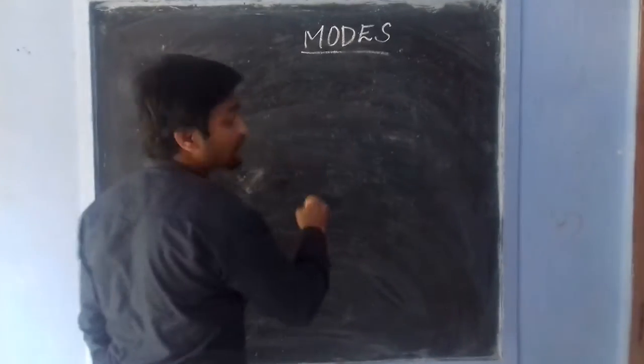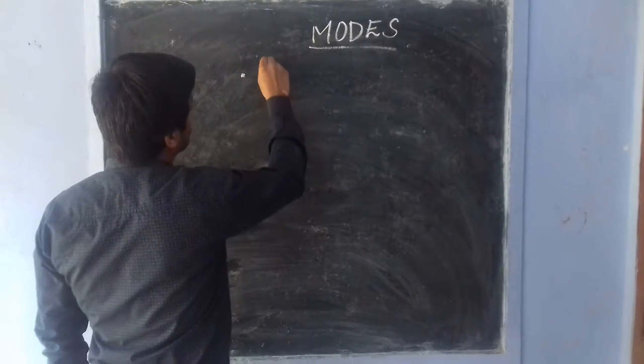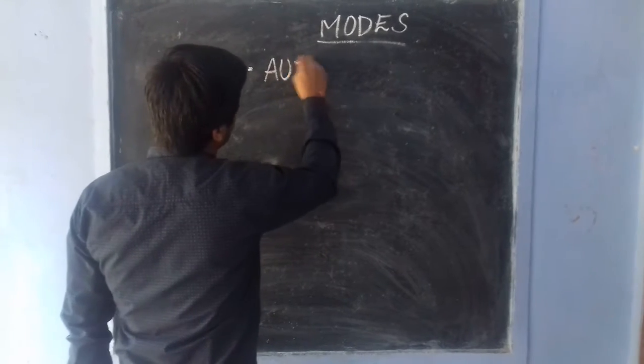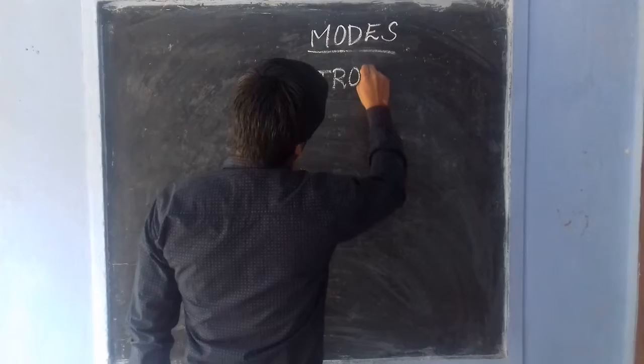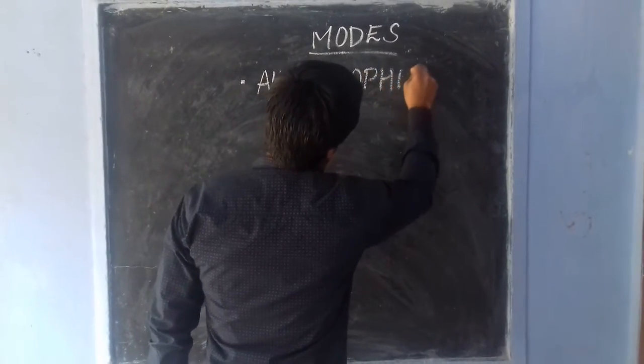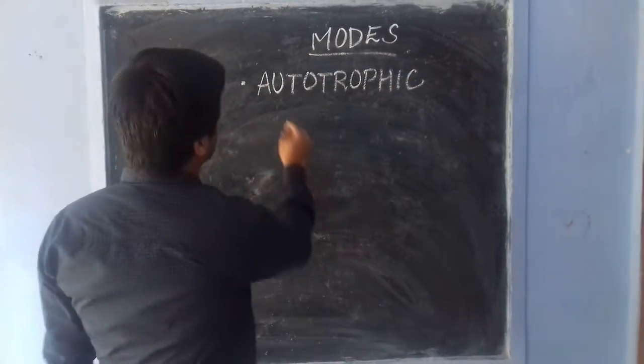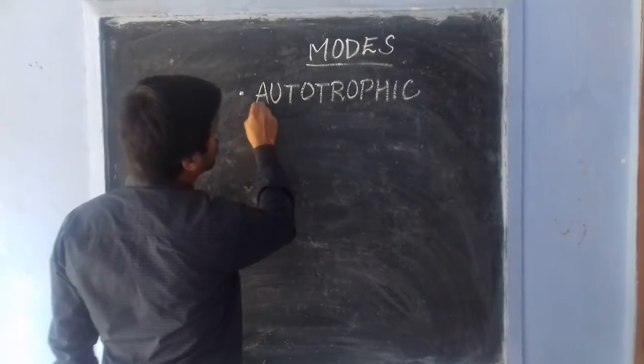What are the modes of nutrition? First is the autotrophic. This autotrophic is derived from two words.